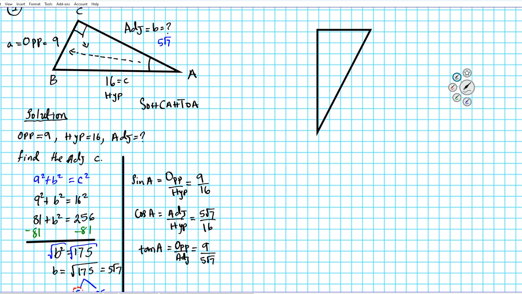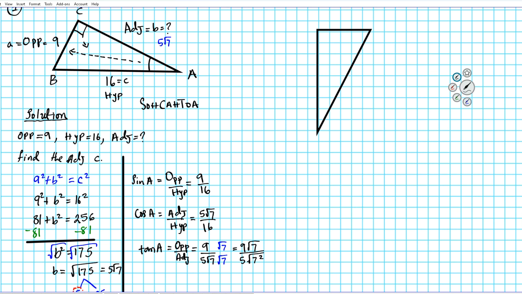Now you may not have a radical in the denominator position, so we have root 7 that has to be rationalized out or simplified. So to get that simplified, we will multiply by the conjugate, so root 7 and root 7. All right, so just to rationalize out the denominator, if we multiply that out, we're going to have 9 root 7 over 5 times root 7 times root 7 is root 7 squared.